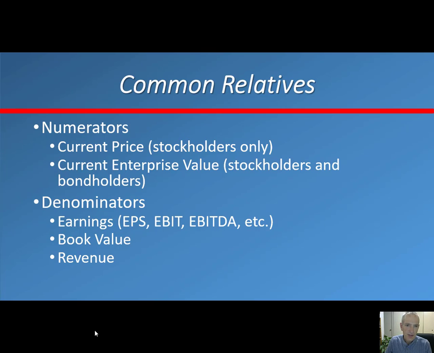It is possible with some firms, I'm going to check Apple out, you'd almost always think that their enterprise value would be greater than their market value because you're adding debt. But it is possible for the enterprise value to be lower because what they do with enterprise value is they take the stock value of the firm, they add debt, and they subtract cash.